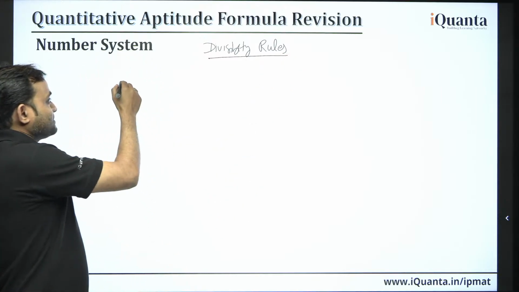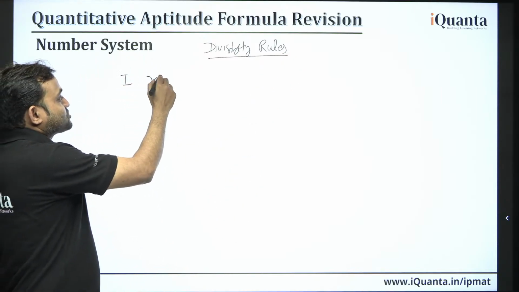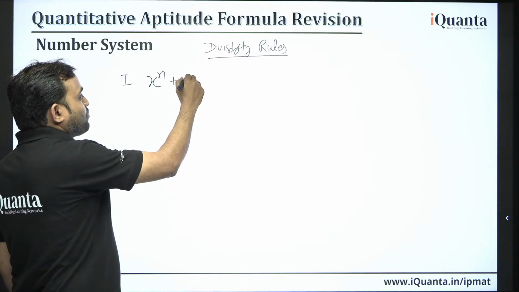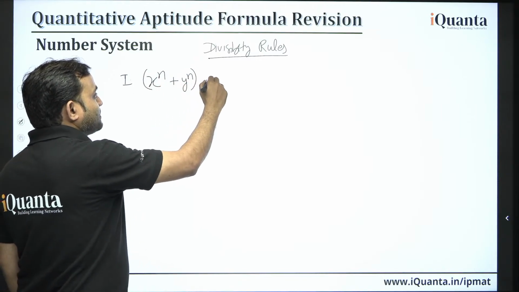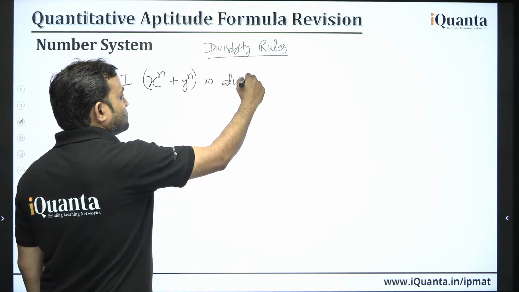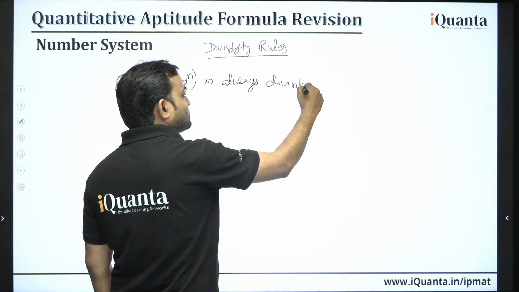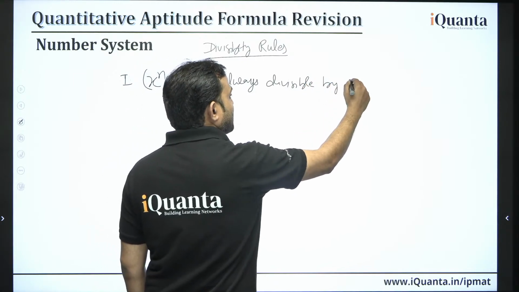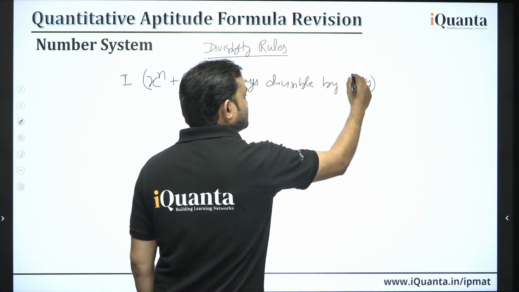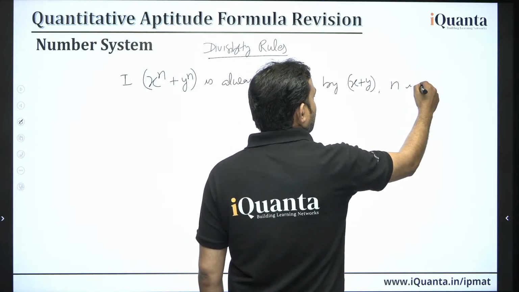What we can say, the first one is x to the power n plus y to the power n is always divisible by x plus y when n is odd.